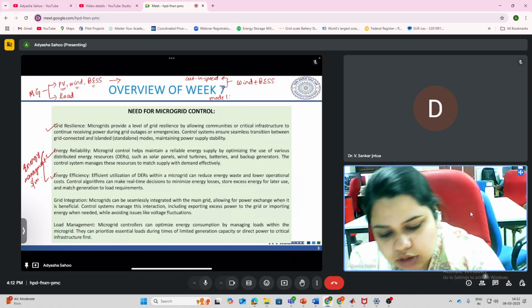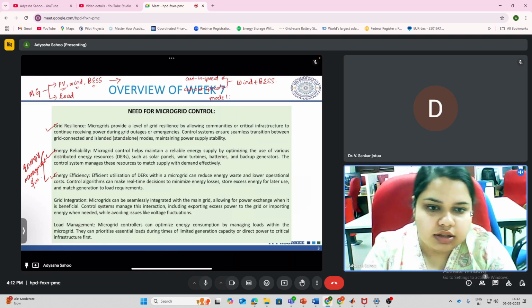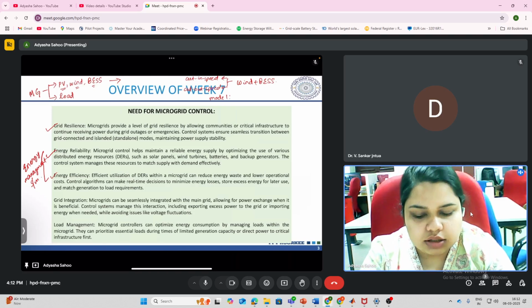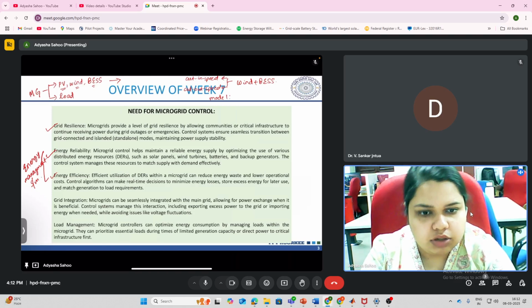Similarly, you have a cutout speed. If the wind speed is extremely high, such as in case of cyclones or other high speed wind events, it may damage the blades of the wind turbine. So if the wind speed is very high, we inherently have a pitch control system where we cut out the machine and don't produce any power during those conditions.